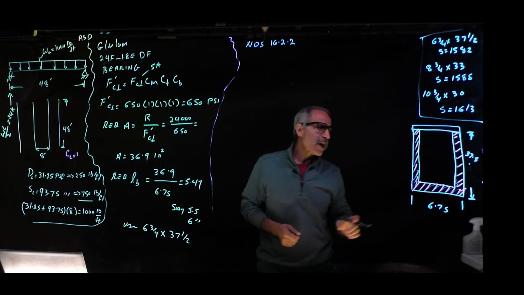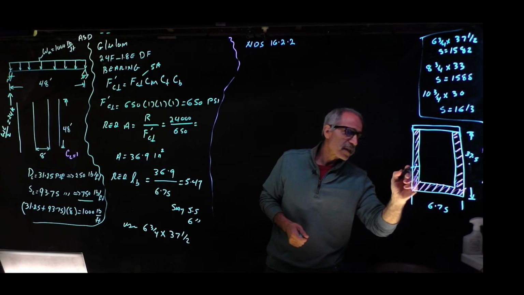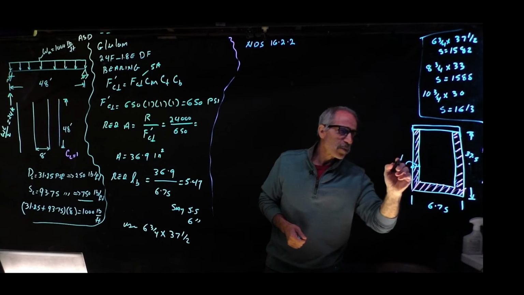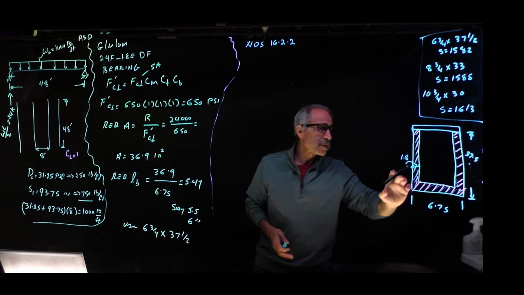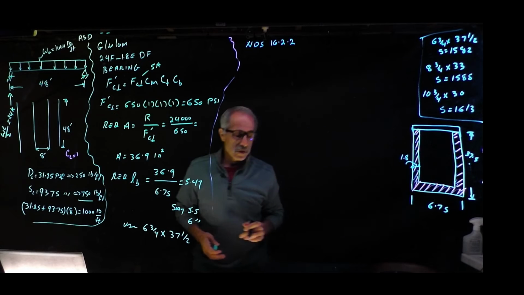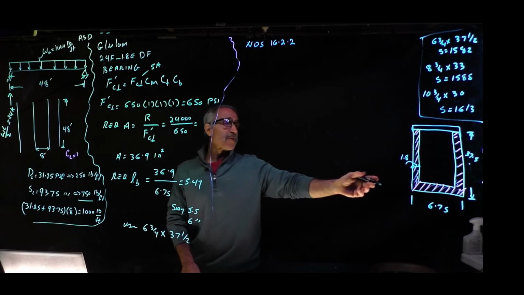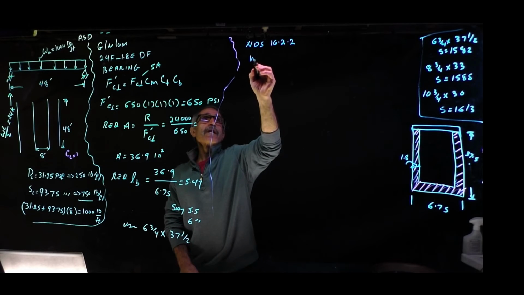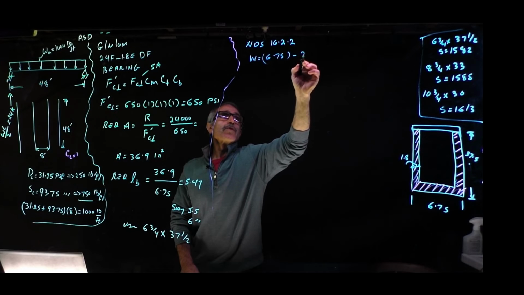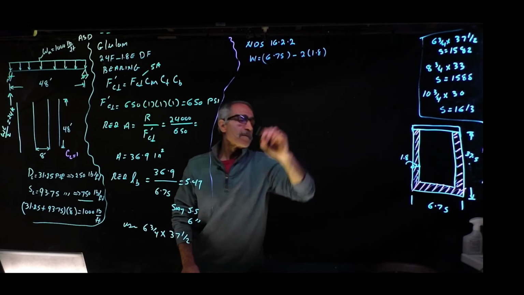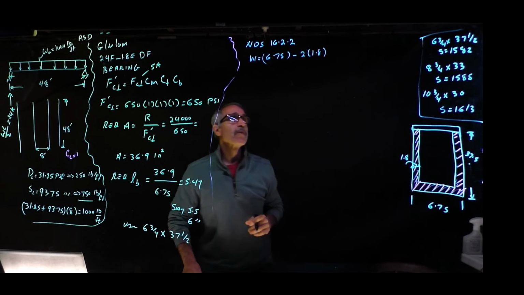If this is the beam itself right here, and it says for 1 hour, this should be right here, 1.8 inches. And we're going to go ahead and resize our beam. Take that 1.8 out here. So the new width of the beam is going to come out to be 6.75 minus 2 times 1.8, because this is going to be the new width.